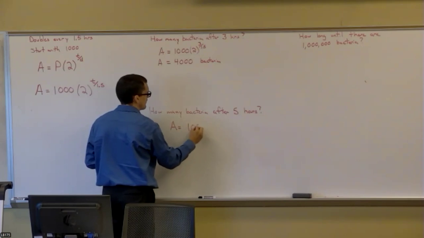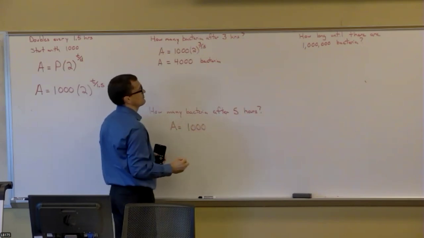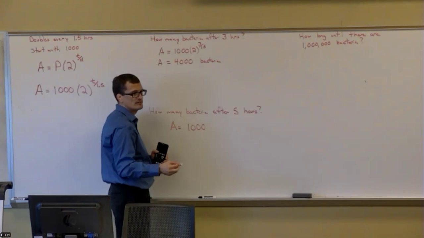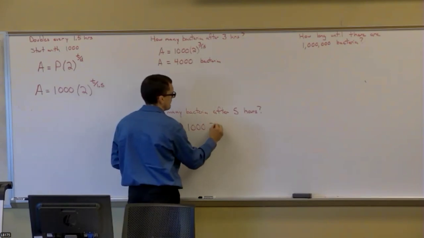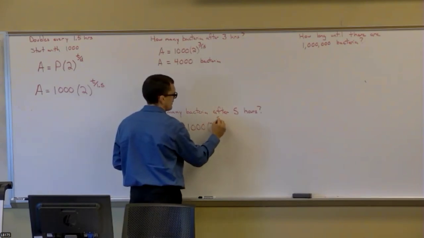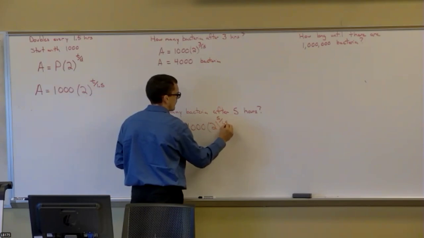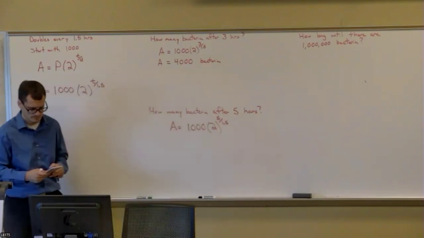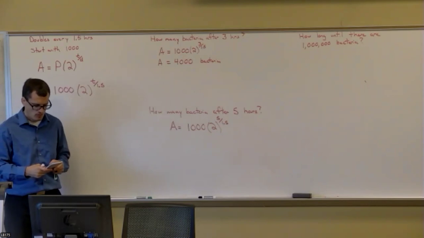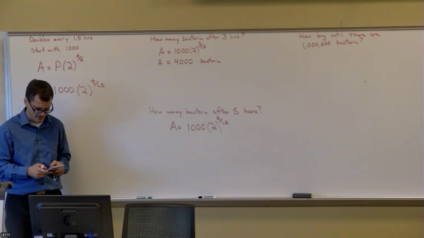After 5 hours, well, 5 is not divisible nicely by 1.5. So we would just end up plugging it into our calculator. 1,000 times 2 raised to the 5 over 1.5 power.